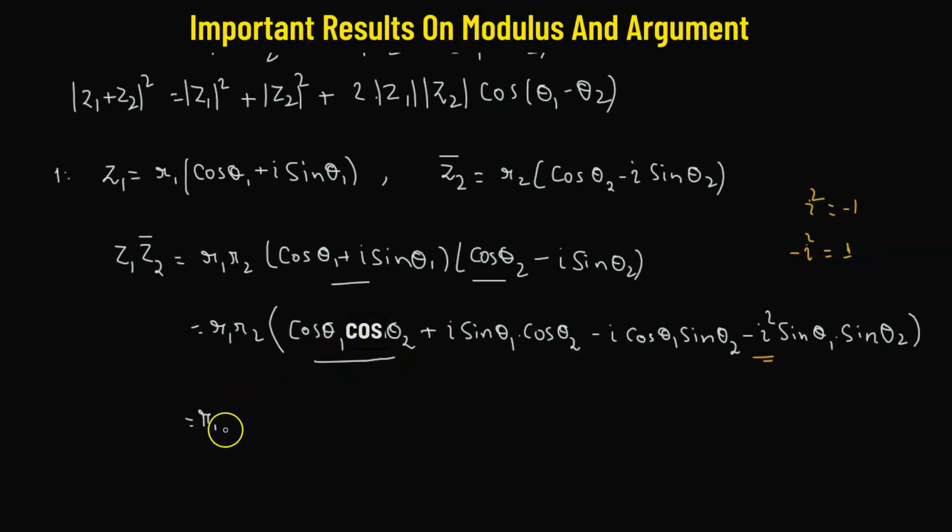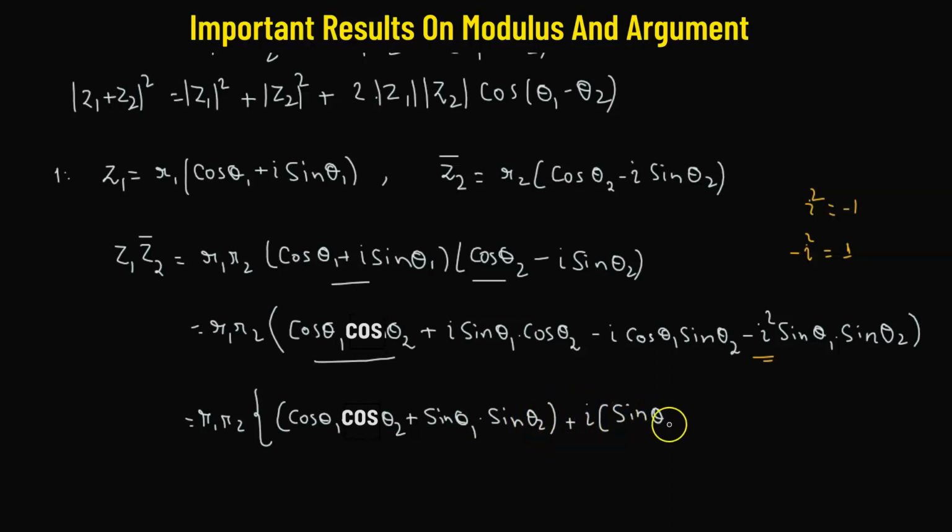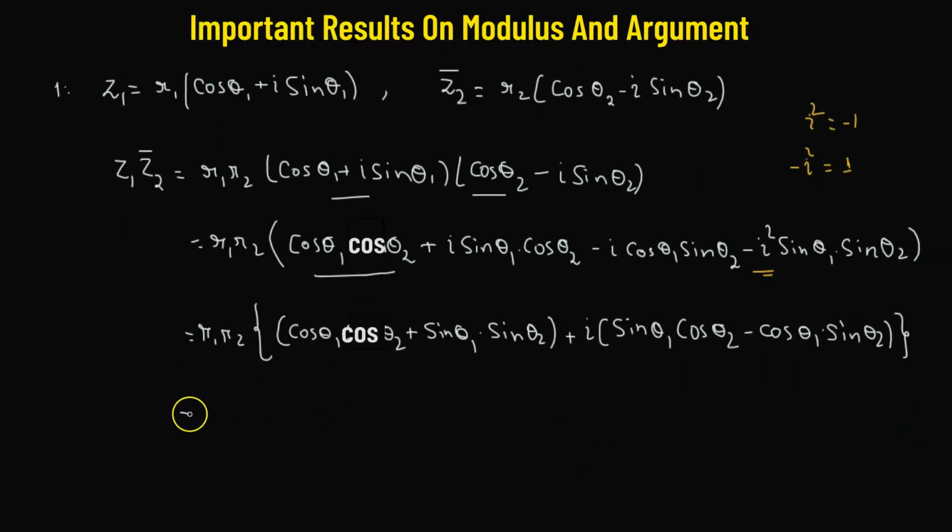So that means we now have r1 times r2 whole multiplied to cosine of theta 1 times cosine of theta 2 added to sine of theta 1 times sine of theta 2 plus iota times sine theta 1 times cosine of theta 2 minus cosine of theta 1 times sine of theta 2. Fine. Now this gives us, so we have r1 times r2.